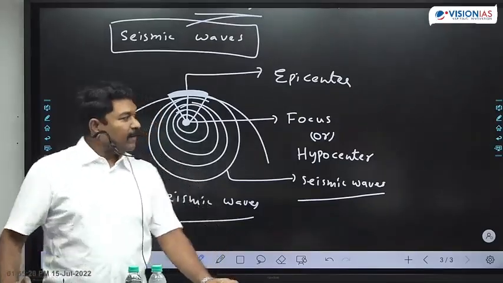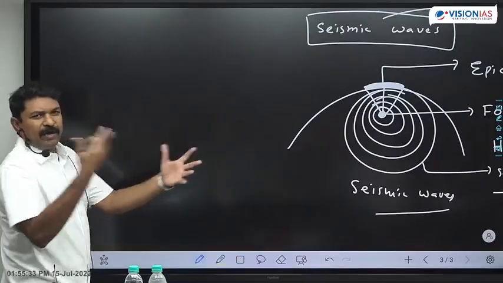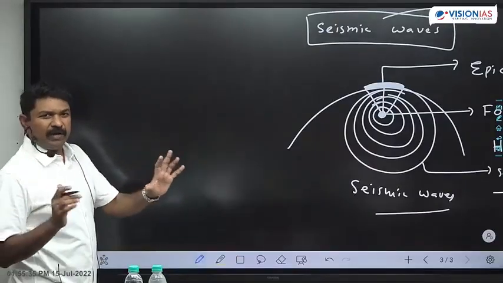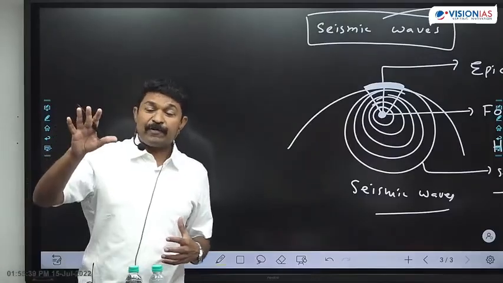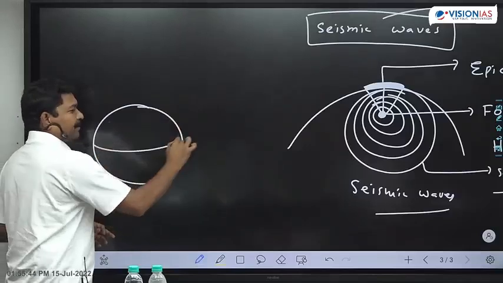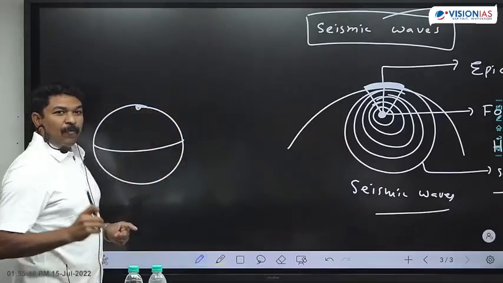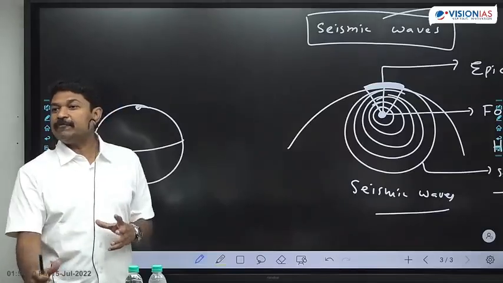Whenever you are seeing the shape of the earth... no, again we are going to deviate. Let us not deviate. The statement given by one of our friends is also perfectly true. When you are talking about the equator and the polar region, what is the reason I have given for the differential gravitational force?